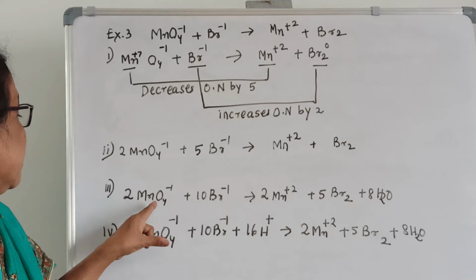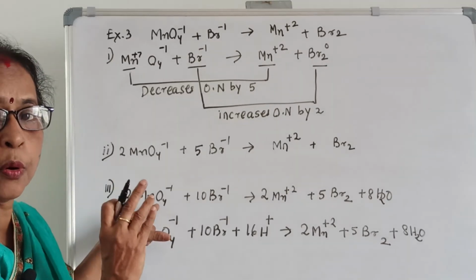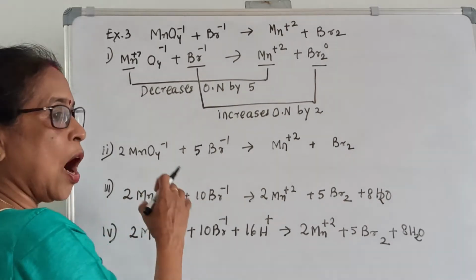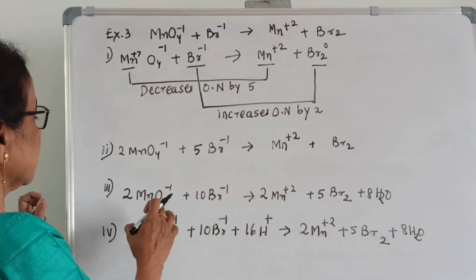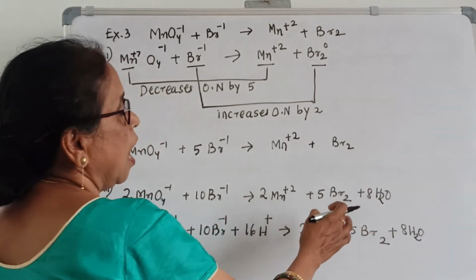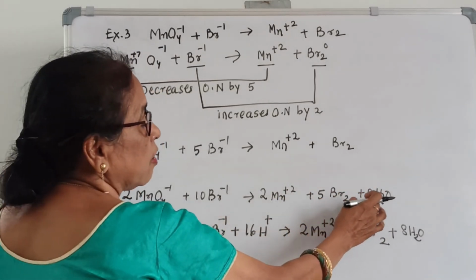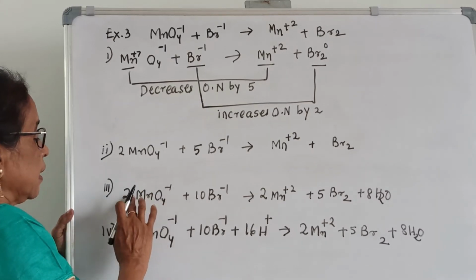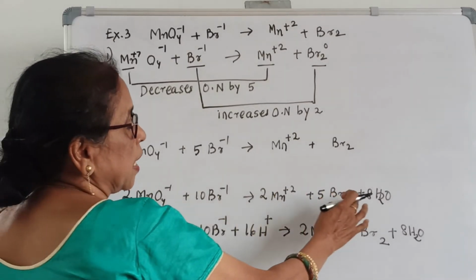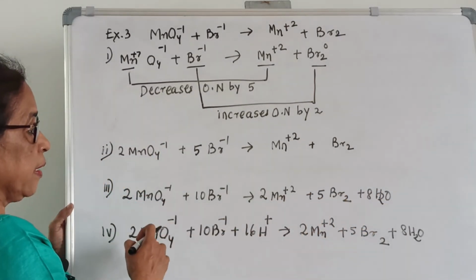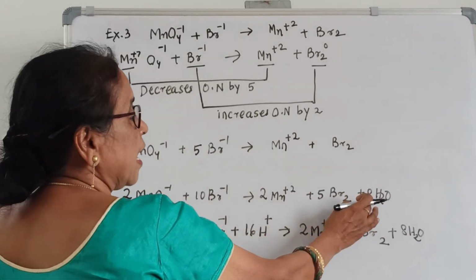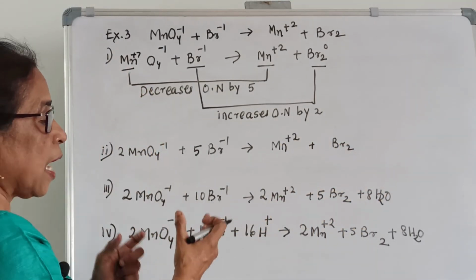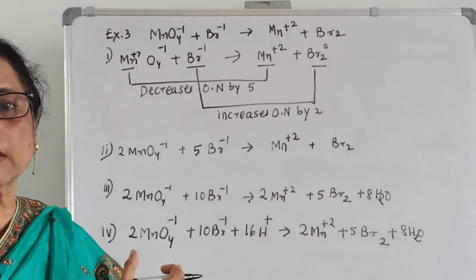But here O4 means 4 oxygen, but it is multiplied by 2. That is why, how to balance oxygen? So it is multiplied by 2, 8 water, because here 8 oxygen is there. That is why 2 MnO4 minus 1, that is oxygen 8 times, that is why 8 water. After that, since it is 16 H, hydrogen is 16 times, but I told how can you balance hydrogen?